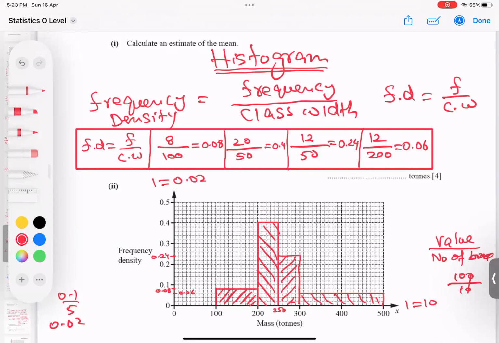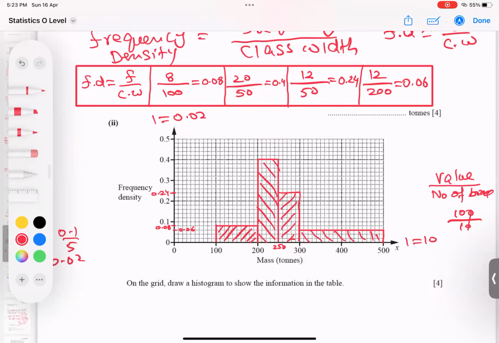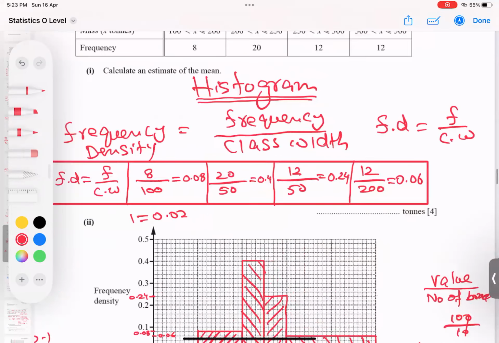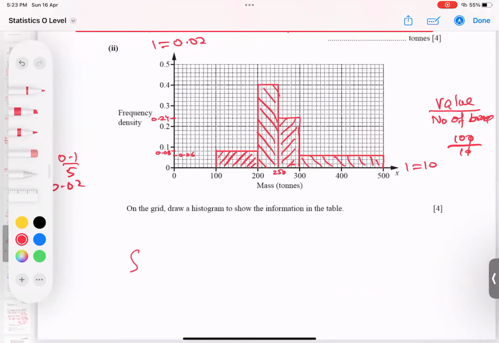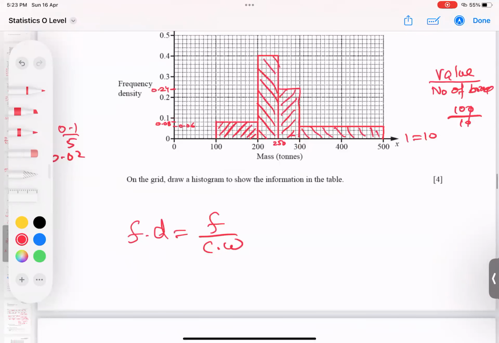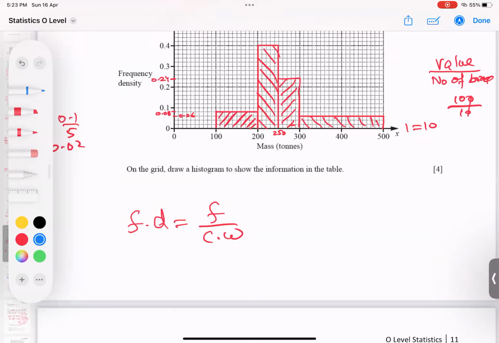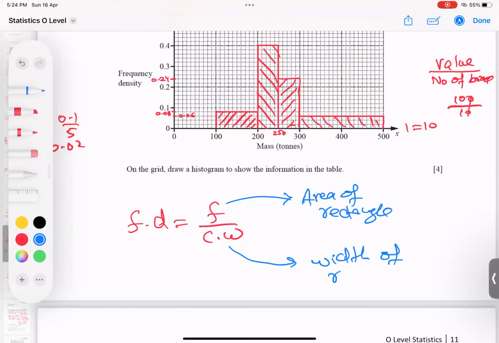Before I move on, first I want to discuss one thing. The frequency density formula is frequency divided by class width. Now you're familiar. And for your knowledge, this is called the area of the column, or area of the rectangle. This is the width of the column, or width of the rectangle.